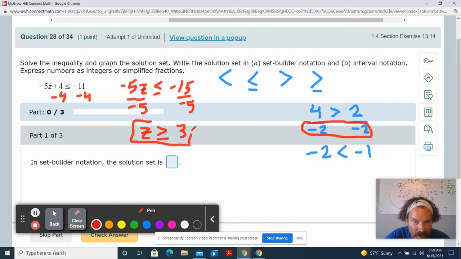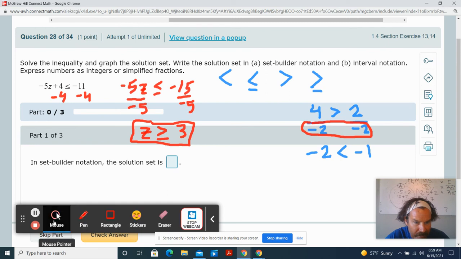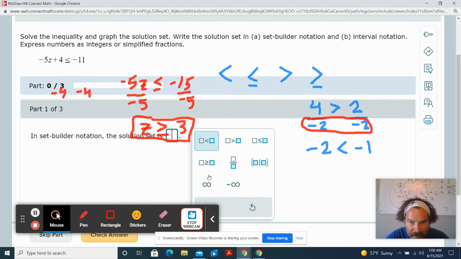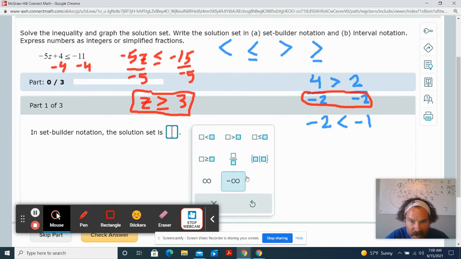There are 3 different parts to this answer, though. We're going to have to write it 3 different ways. Part 1 asks you for set builder notation. If you click this blue box here, you'll see the set builder notation.